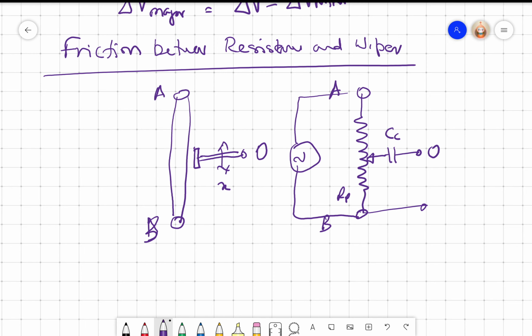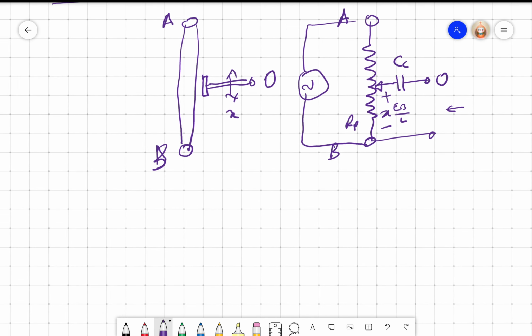So if I look at here, please remember this voltage is X times EB by L. EB is now a phasor, and this is E naught, again a phasor, so E naught is EB into X by L. That's an AC circuit.